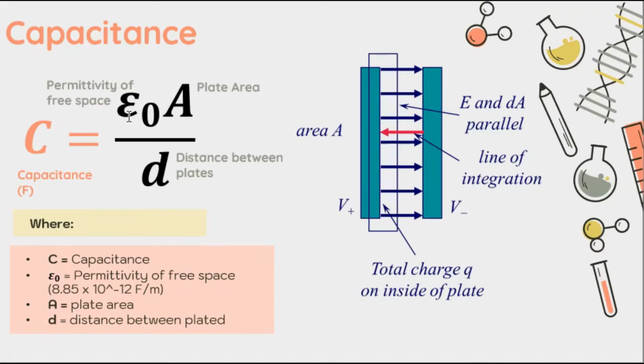If there is an effect of the dielectric used, because capacitance depends on its construction, we have to multiply this expression by K, or the dielectric constant.